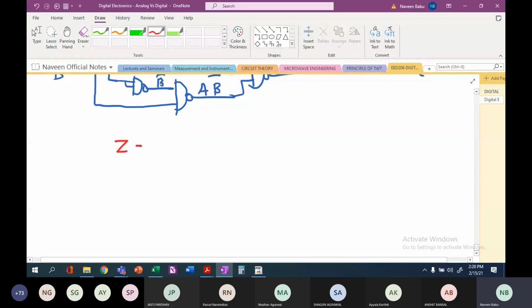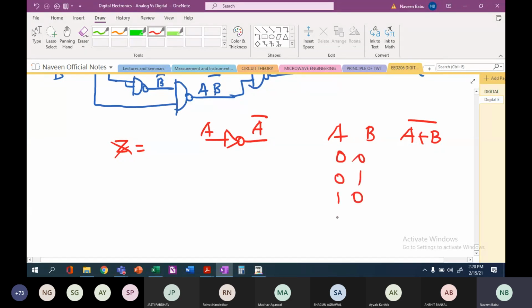So, how can you implement a NOT gate? NOT gate means I have a NOT gate here, A and A bar. Again, if you look at the truth table here for A, B, and for the NOR implementation, A plus B the whole bar: 0 0, 0 1, 1 0, and 1 1. A plus B, here it will be 1, 0, 0, and 0.